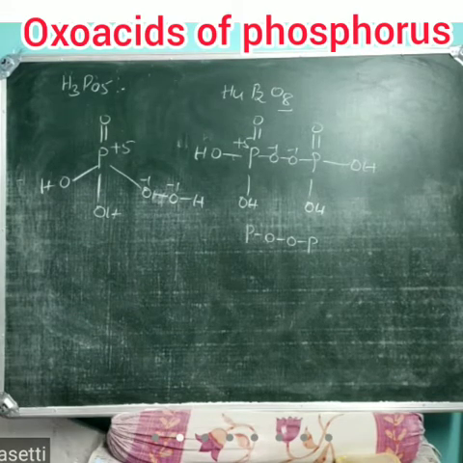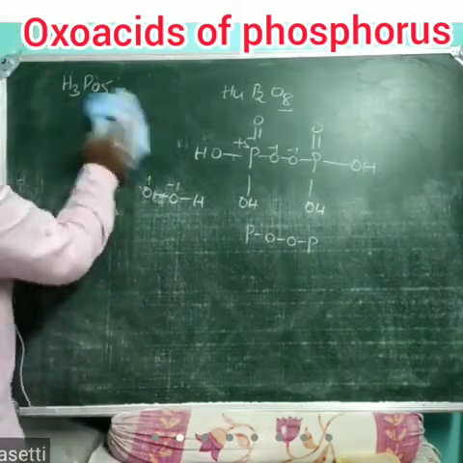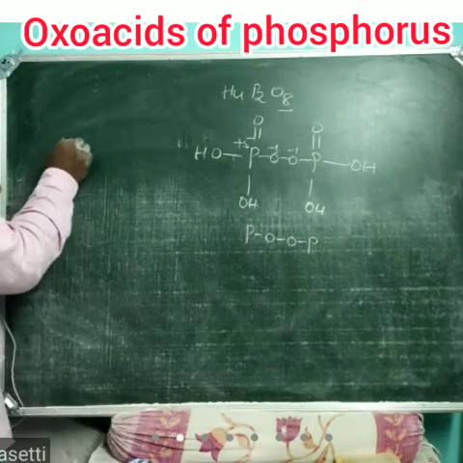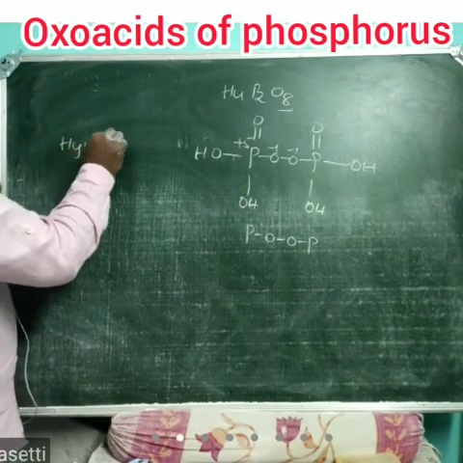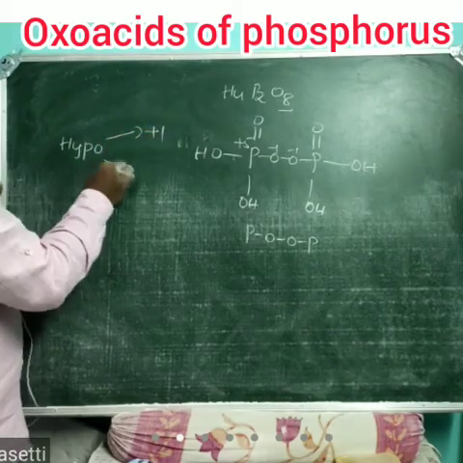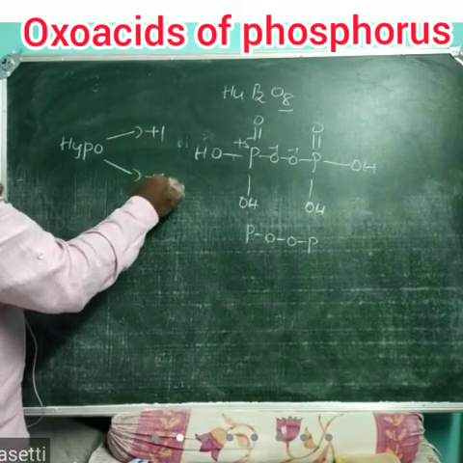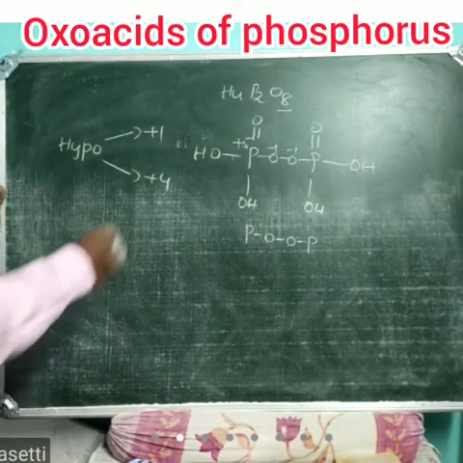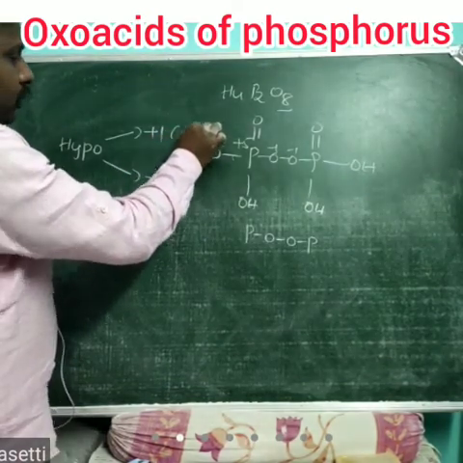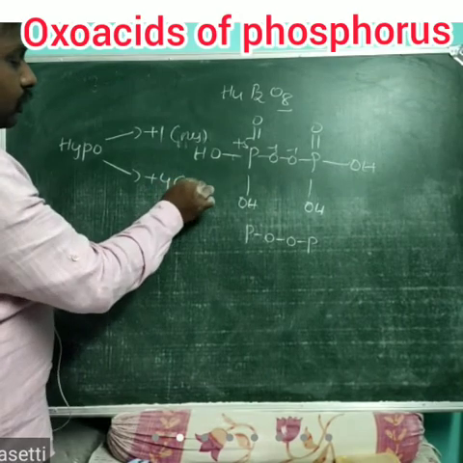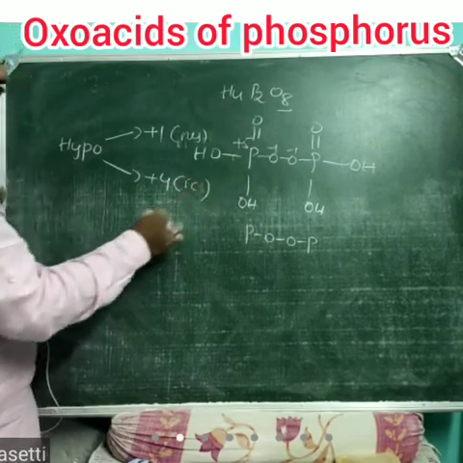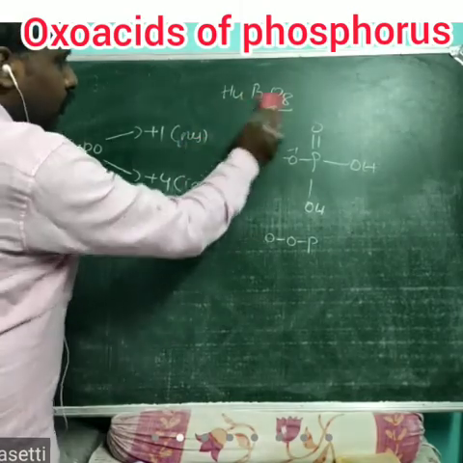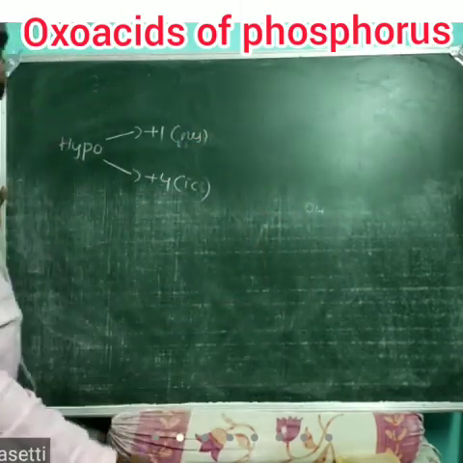Next, remember one more important point: hypo acids have oxidation state either +1 or +4. Hypo acid contains +1, ic acid contains +4.